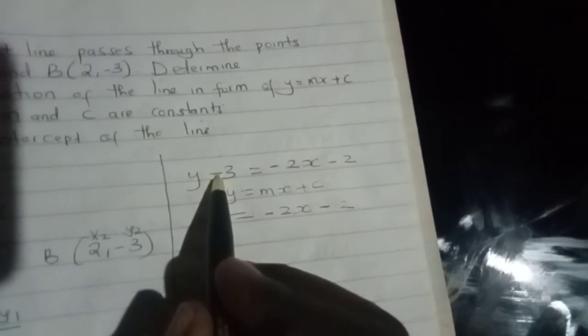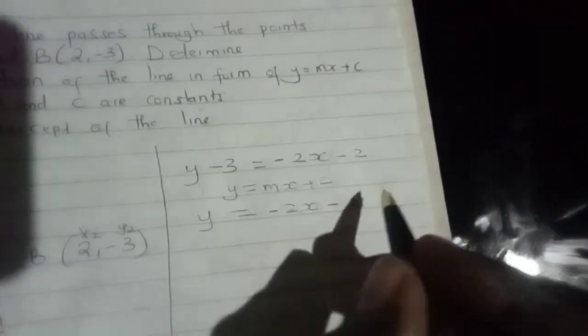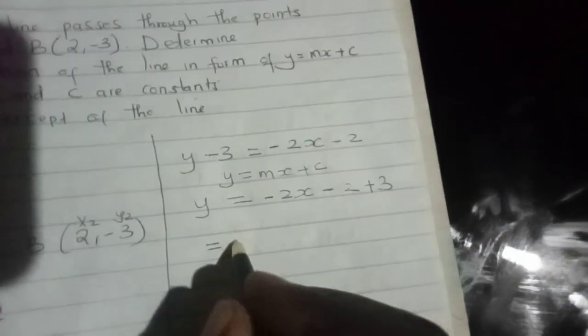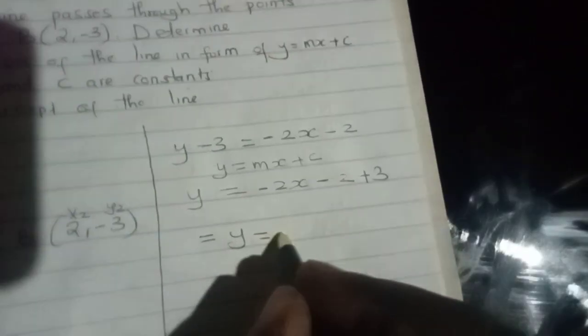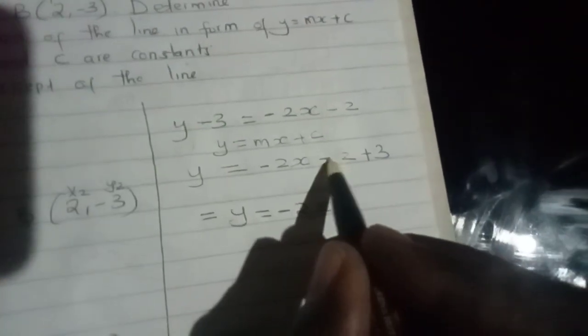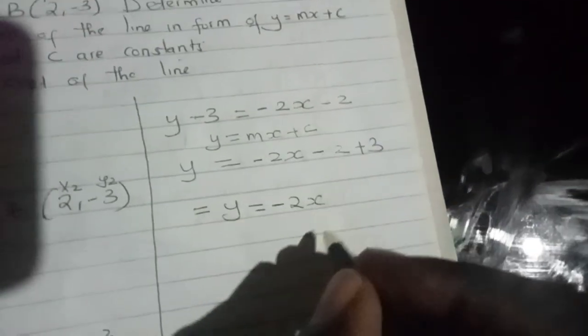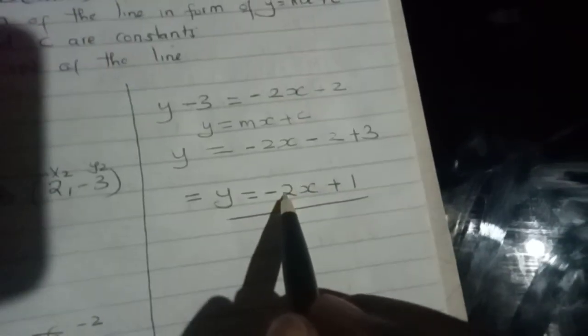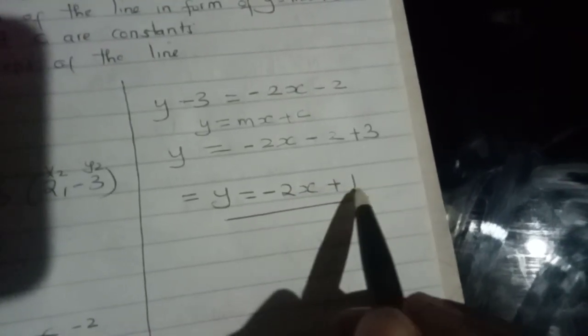It is negative, so when it crosses the other side, it's going to be positive 3. So my answer is going to be y is equal to negative 2x, and then negative 2 plus 3 is going to be positive 1. That is the answer. So y is equal to mx plus c, m is negative 2, which is a constant, and c is 1, which is also a constant.